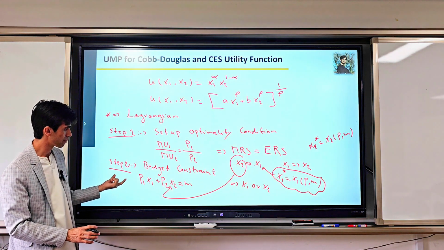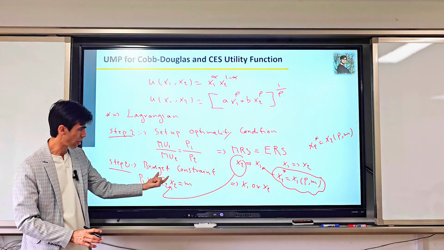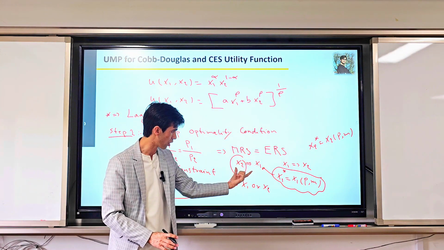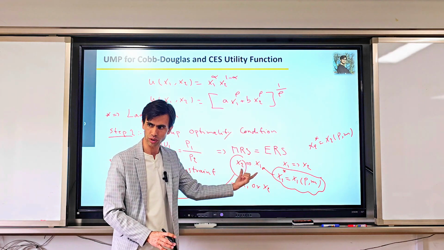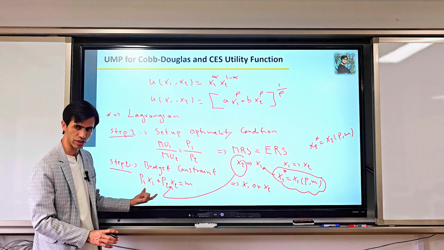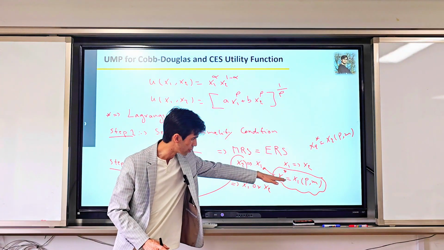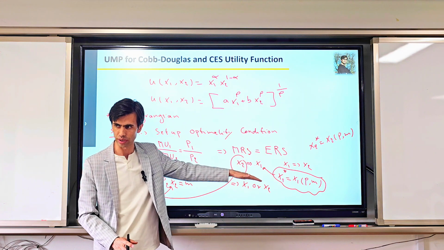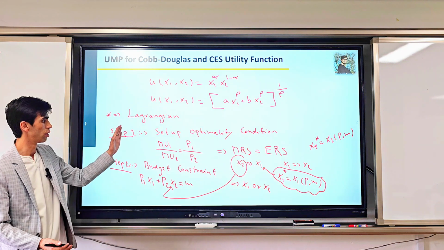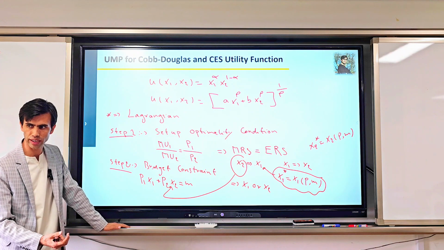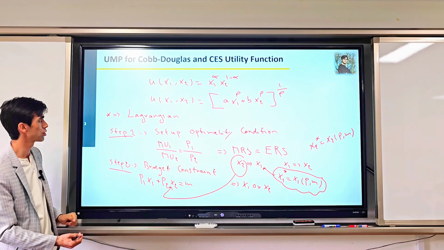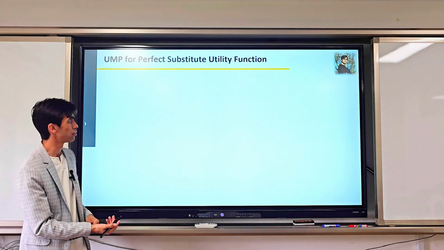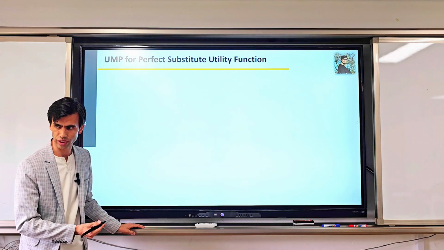And the second step is to set up our budget constraint and find x1 or x2 in terms of the other good, and substitute into the budget constraint to find one optimal bundle, and then again substitute that into this condition to find the other bundle. So just two steps. This is the common procedure for finding the utility maximizing bundle for the CES and Cobb-Douglas utility functions. So the next one, utility maximization for the perfect substitute utility function.